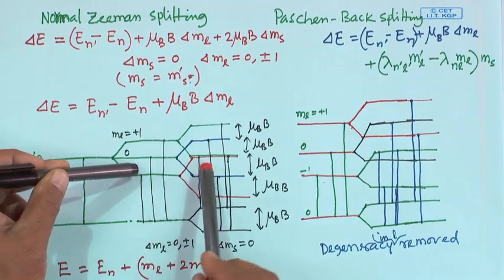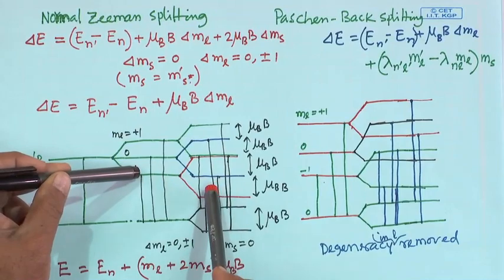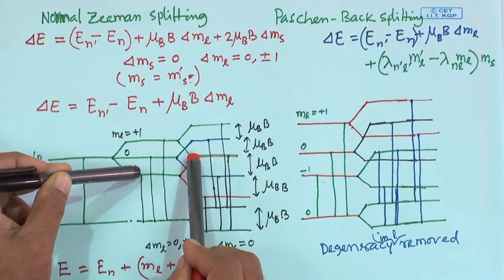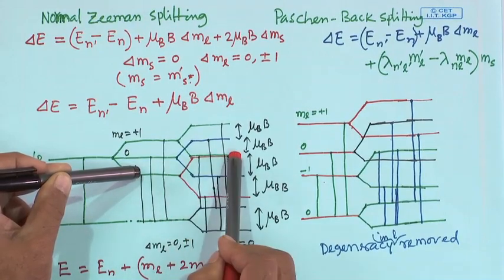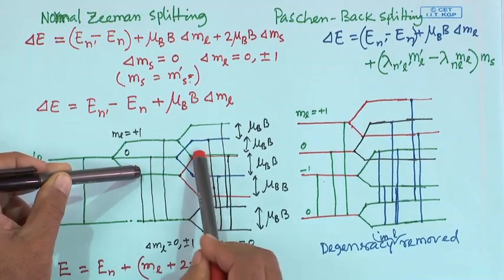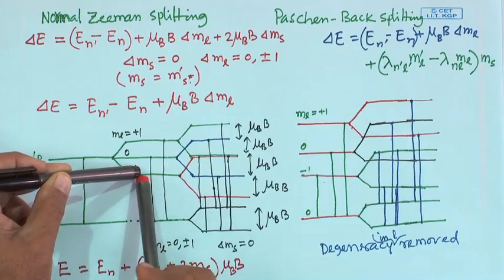So, now additionally, in one case, for these lines, this has gone up by mu b, and for this one also it has gone up by mu b. So, the energy of this line is basically the same as the energy of this line.